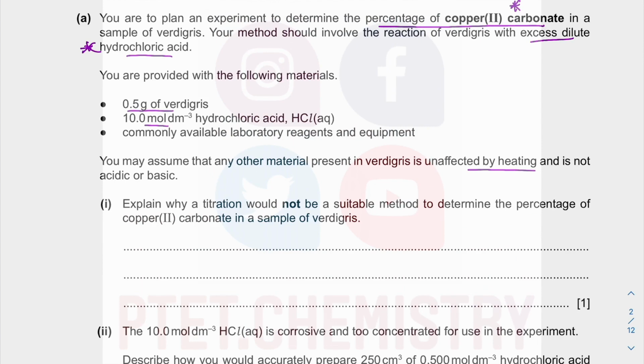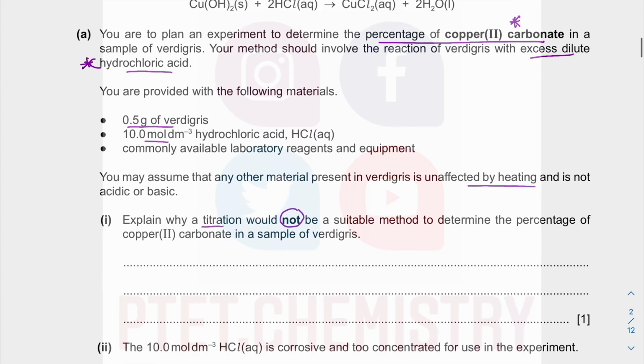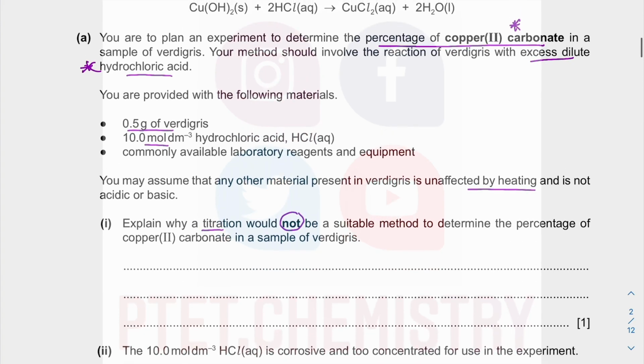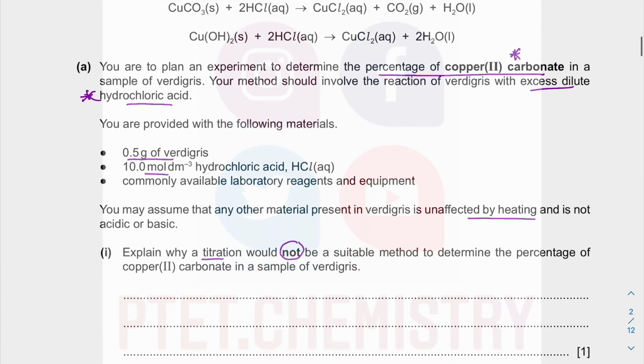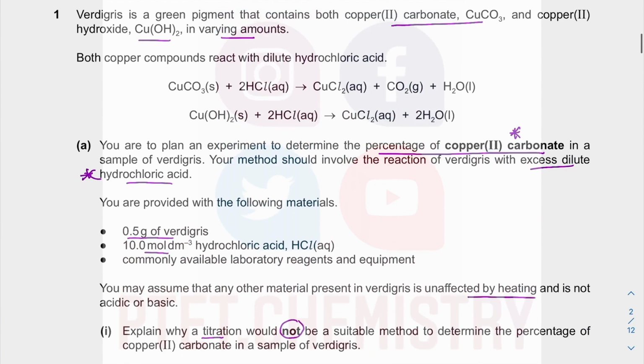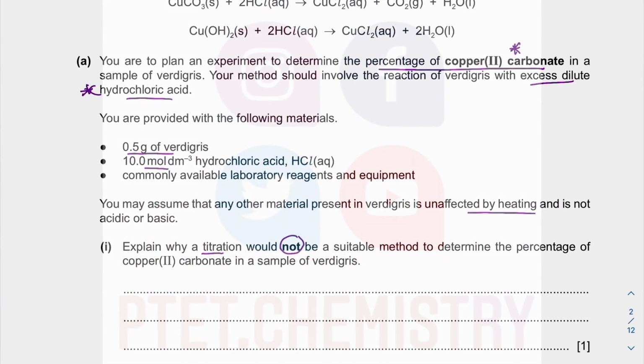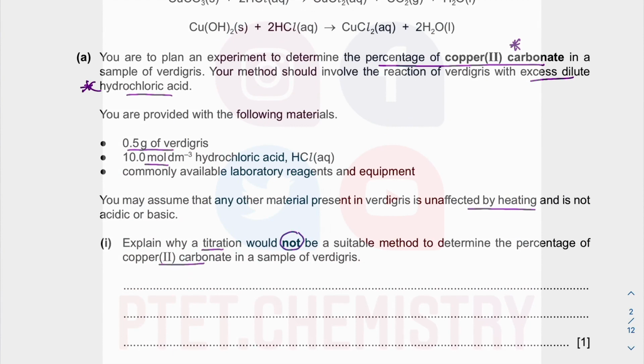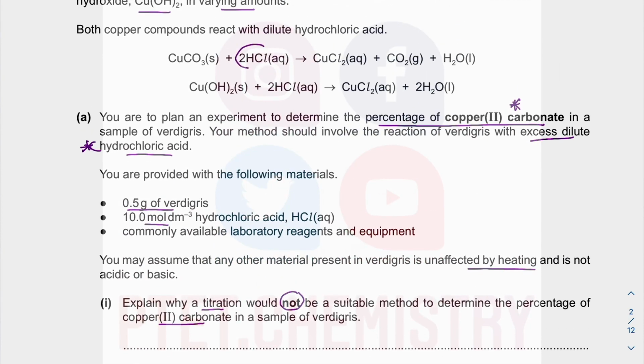So why is titration not a suitable method? We're going to react it with acid and then do a series of experiments. Your aim here is to find the percentage of copper-2 carbonate, but both of these react with acid.